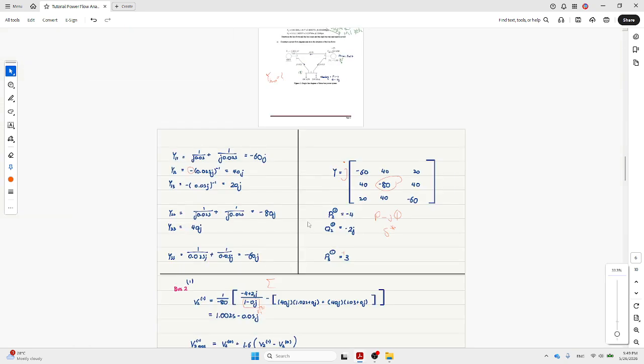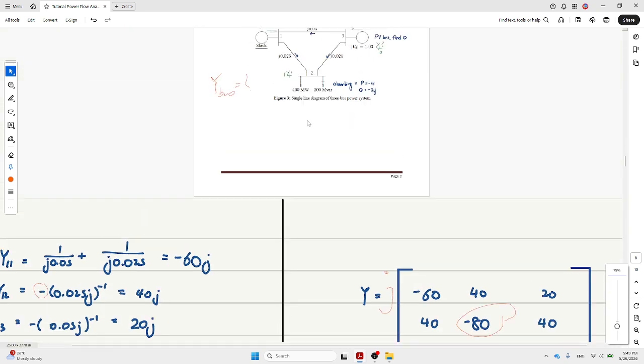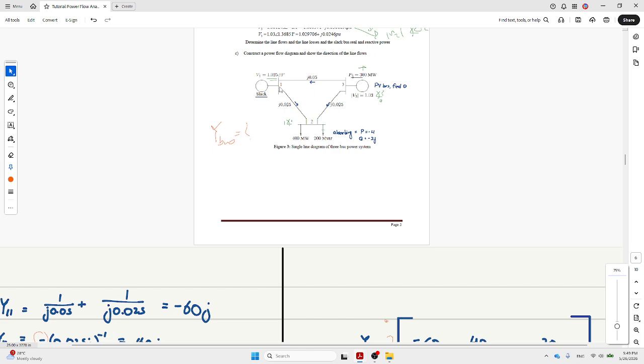We should consider which buses bus 2 is connected to. Bus 2 is connected to bus 1 and bus 3. So it becomes Y12 V1 plus Y23 V3. You have to calculate this one.